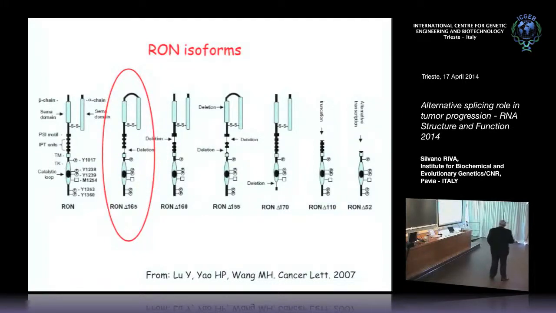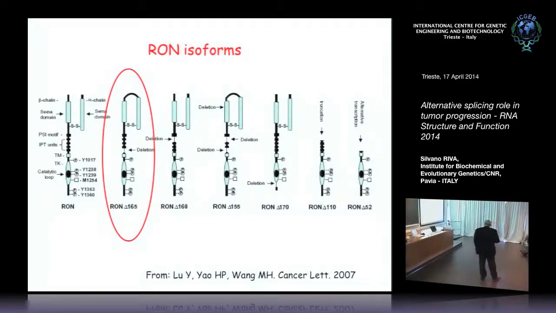And in many cases, the mutation can be truncated, but the mutation that interests us is this one, a deletion of a very small exon in exon 11. It's called RON delta 165. Don't be confused. This is the molecular weight, 165.